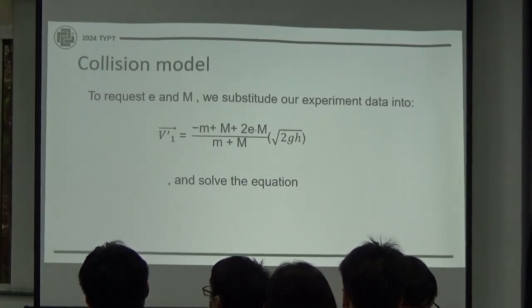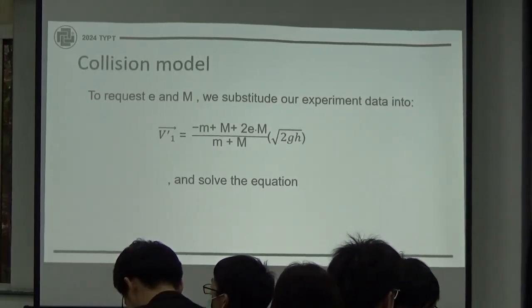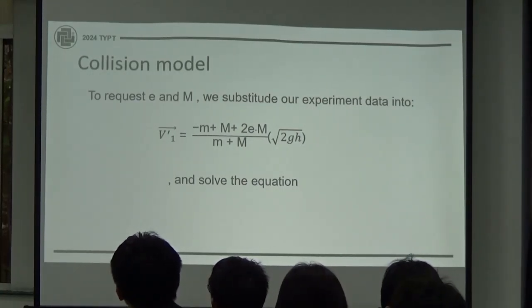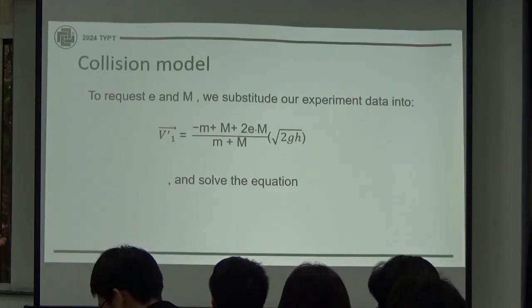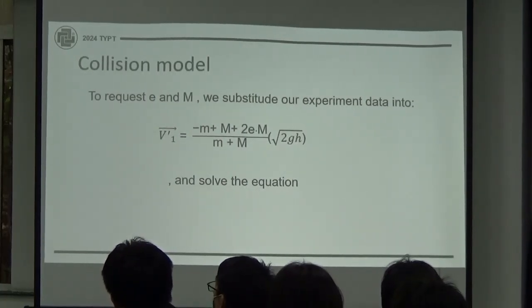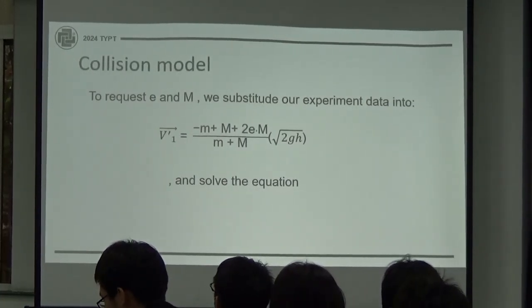And in this equation, the most important coefficients are the capital M and the little e. Here, the little e is shown as the restitution coefficient from before and after the collision.